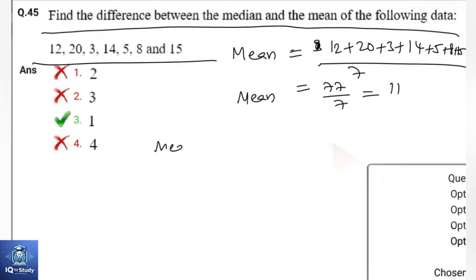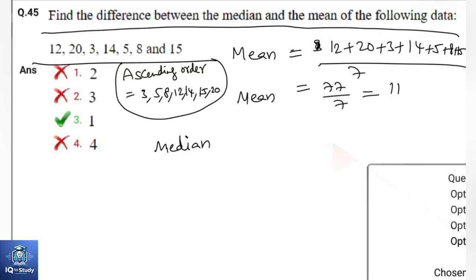And for finding the median, we have to write these values in ascending order. In ascending order, it is 3, 5, 8, 12, 14, 15, 20.